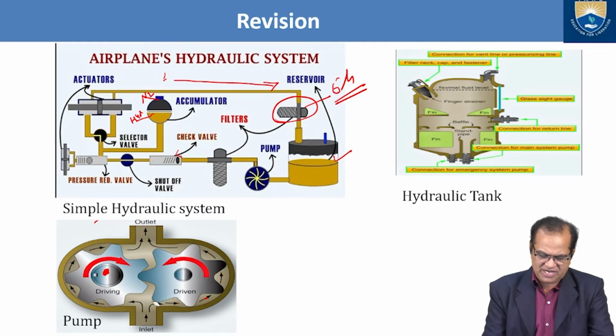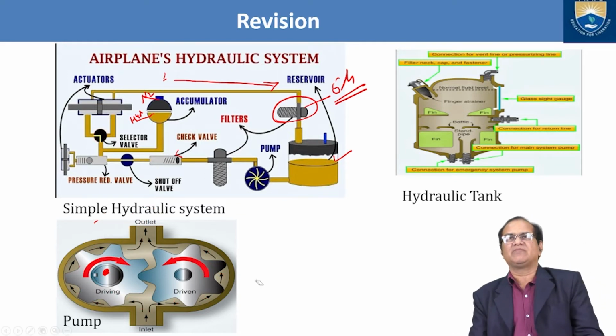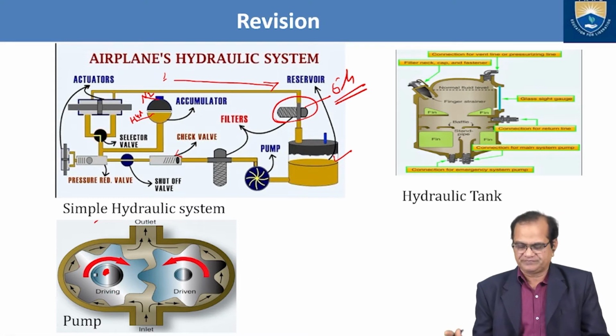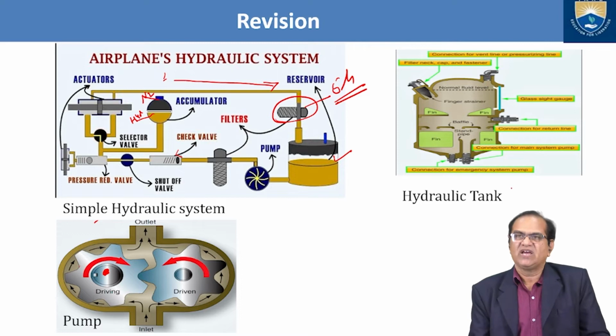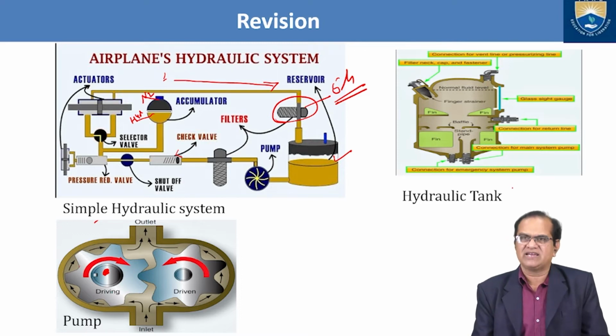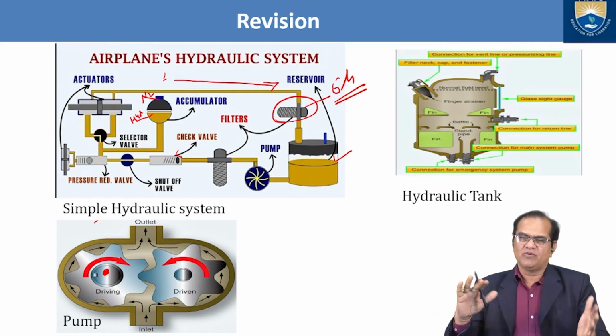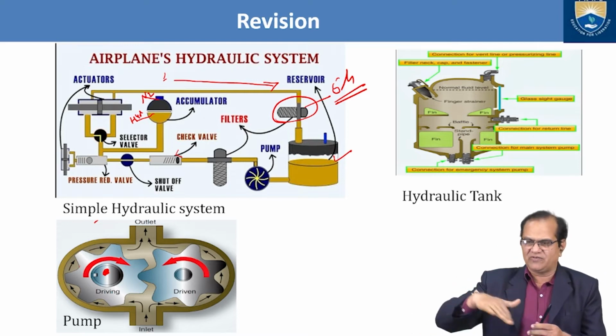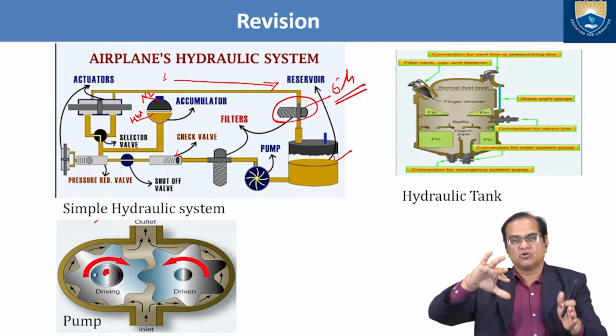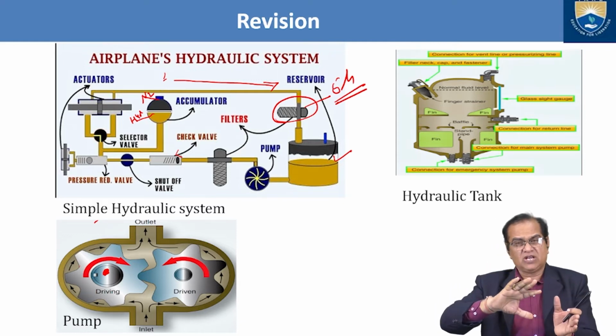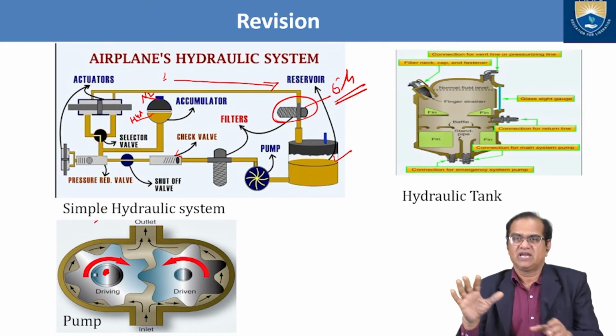I have just explained this, and these things are already explained in my lecture number 18. Another very important component is the hydraulic tank. We know that a hydraulic tank is just like a container, and if the aircraft is moving and doing different maneuvers like this, the hydraulic fluid will be sloshing.